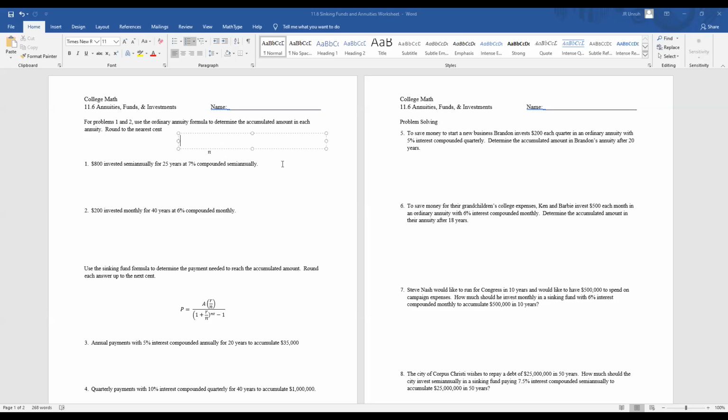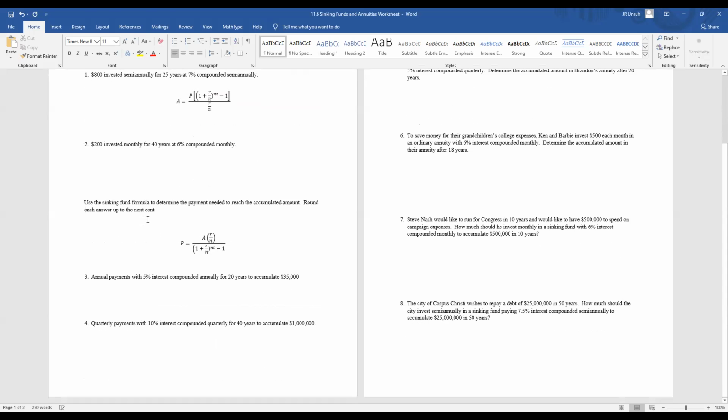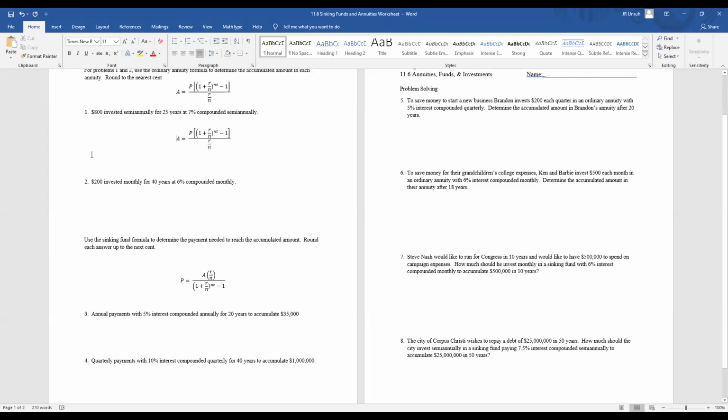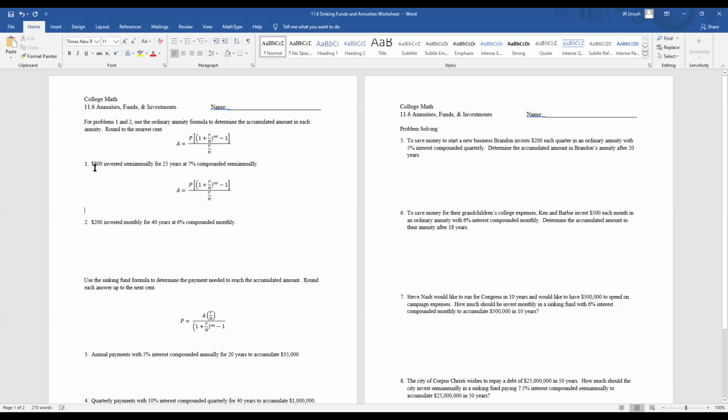Let's copy that formula, paste it in here, and put some numbers in. We're told that $800 is invested semi-annually for 25 years at 7% compounded semi-annually. For the P, let's put in 800.